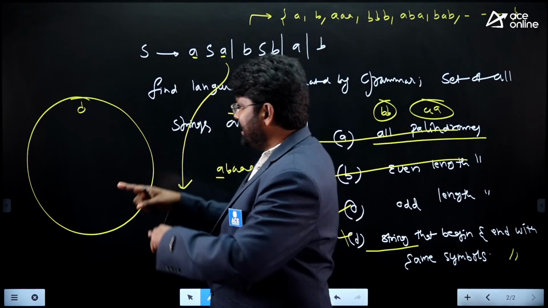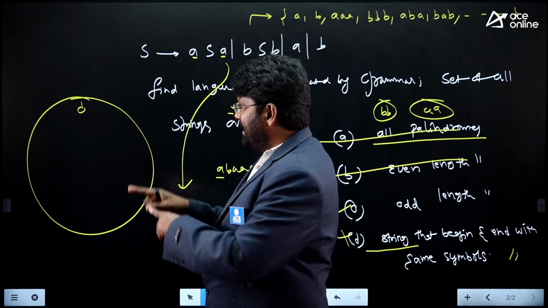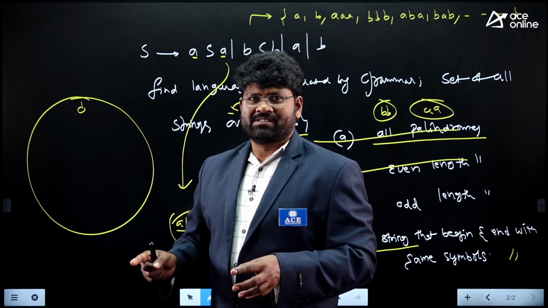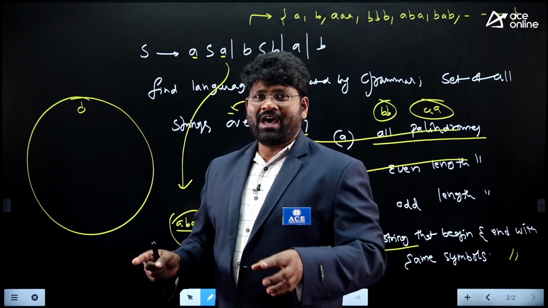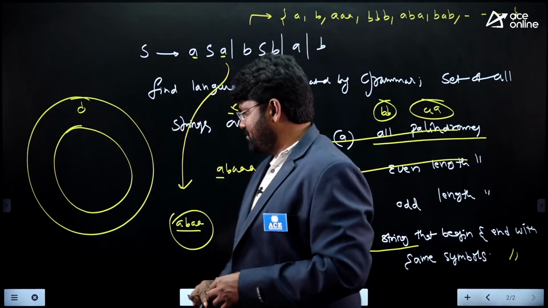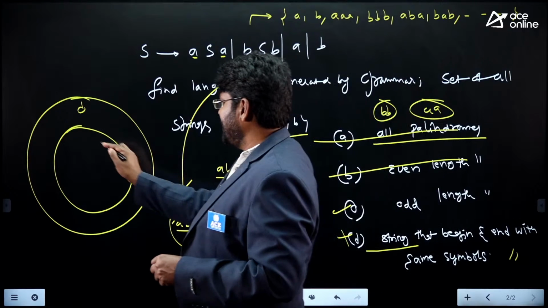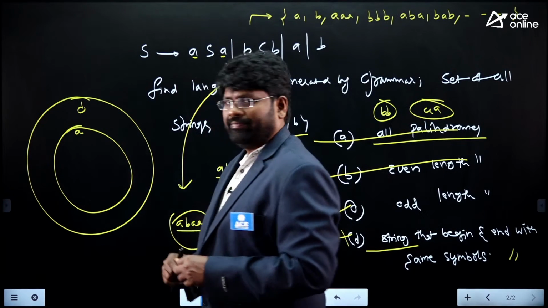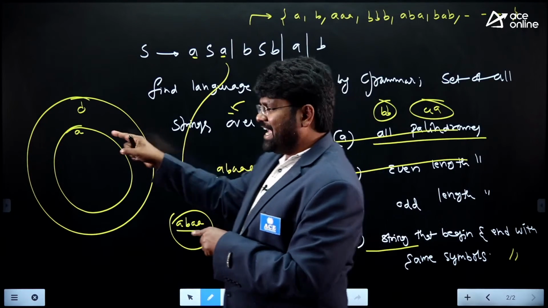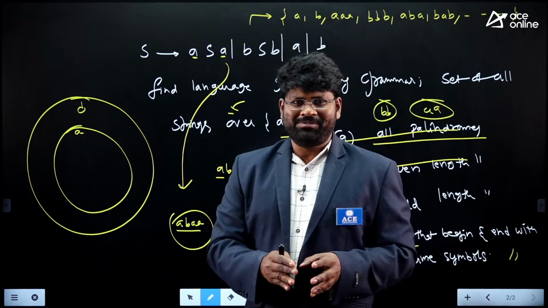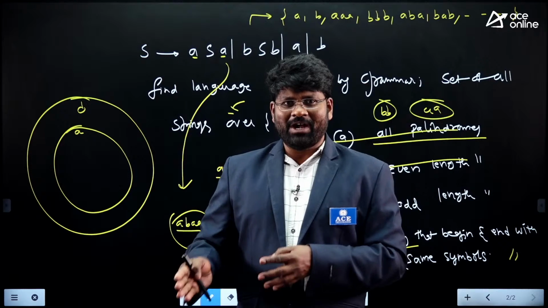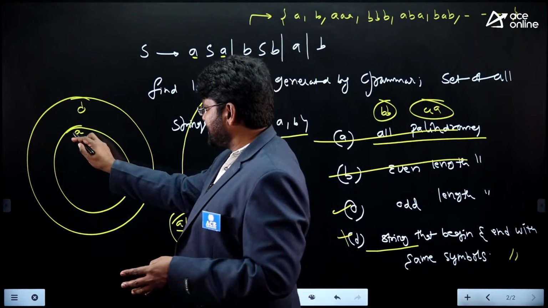So D is the superset, and in this superset you will have both kinds of strings, palindromes and non-palindromes. Within this I can definitely find palindromes, that is option A. Option A represents even palindromes and odd palindromes, both of them. There are two parts in this.